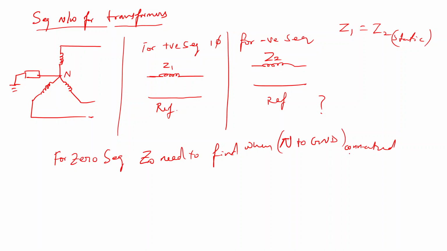Only if this is connected, then the zero sequence exists. Otherwise, if it is not given, say they have given like this symbol, then zero sequence you need not draw. Suppose they have given like this, then you need to find the Z0 value. There are two cases. Please remember this.